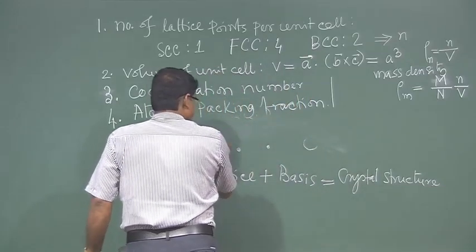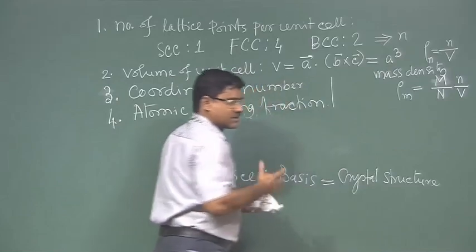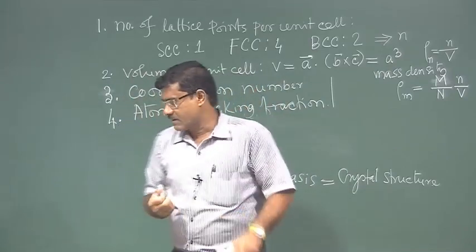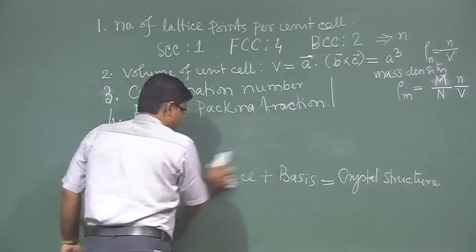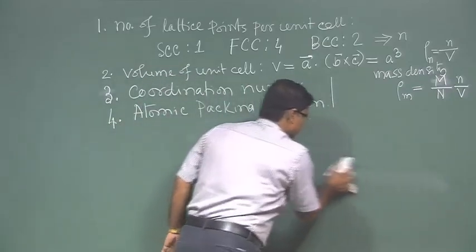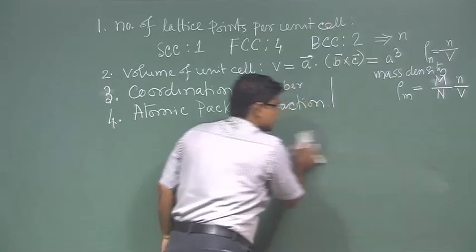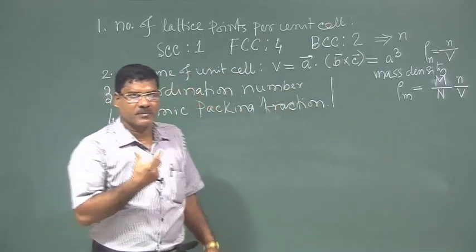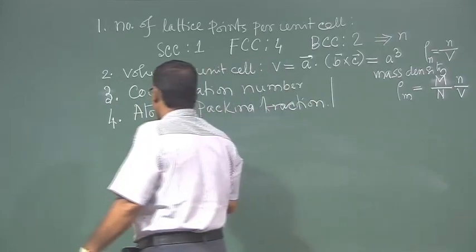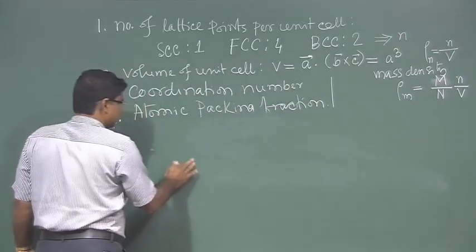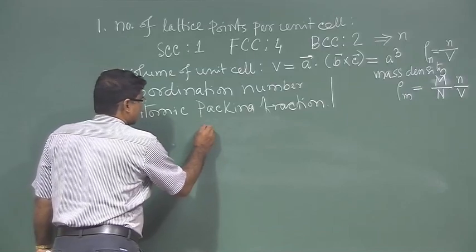So, an atom or group of atoms is considered as a spherical shape. So, we express the size of these atoms, or the size of the basis, in terms of a radius, say radius r.